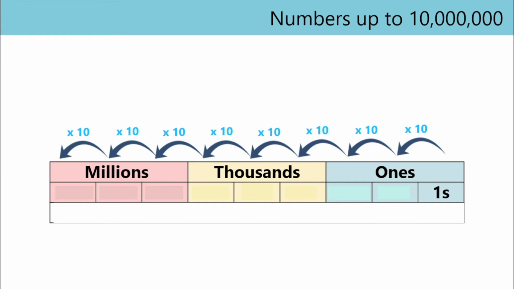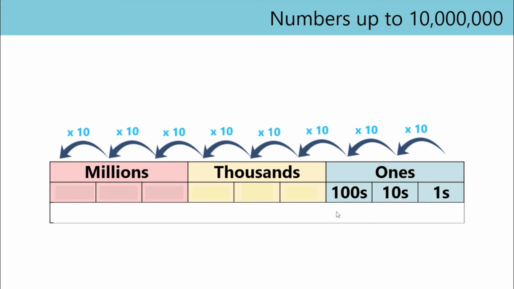So, how do we write the number 1 million? What are the names of each column as we get 10 times bigger? We can see the 1 column. When we've got 10 ones, we group them into, tell me? Yeah, 10. When we get 10 tens, we group them into, yeah, 100.